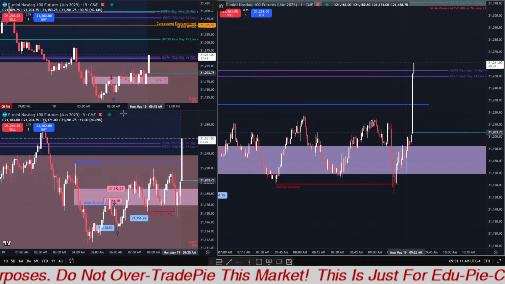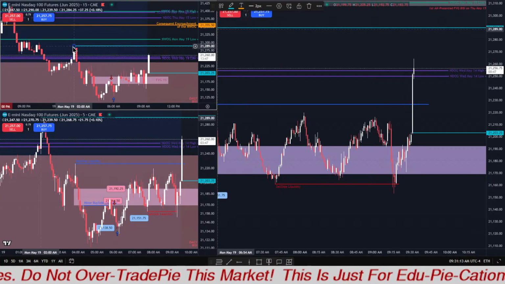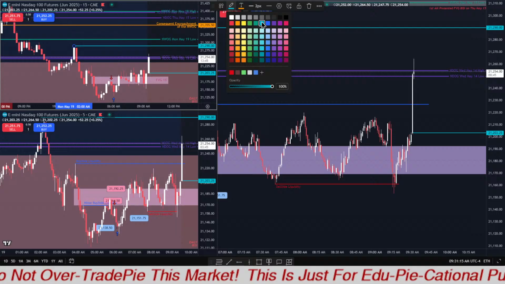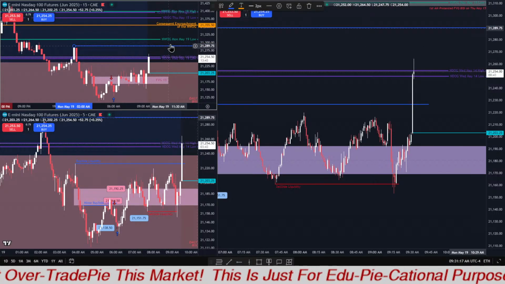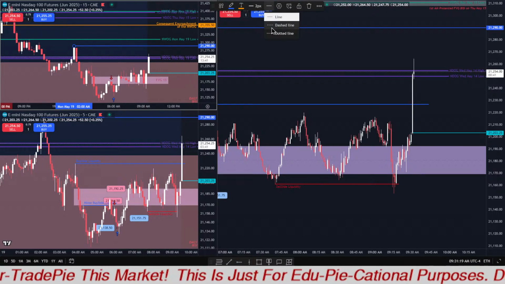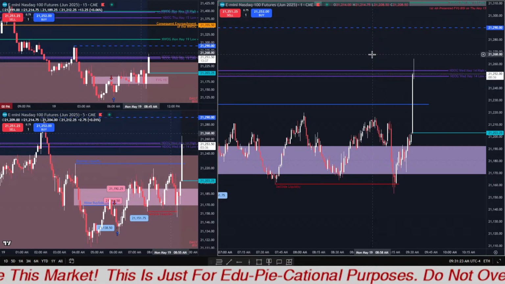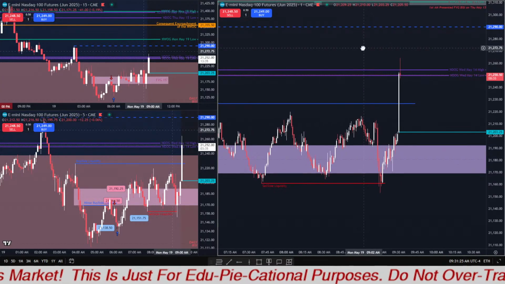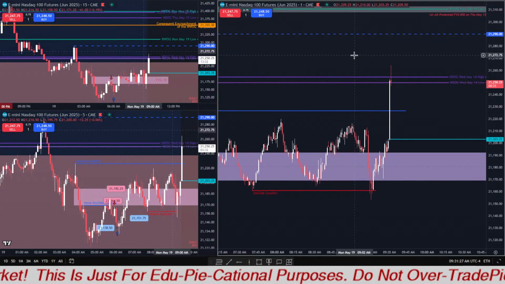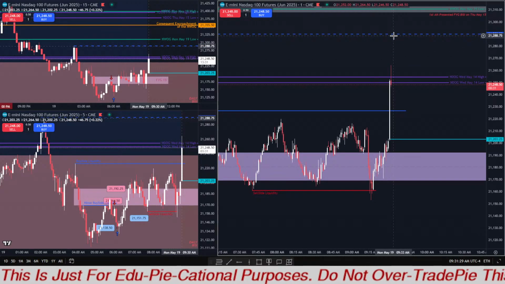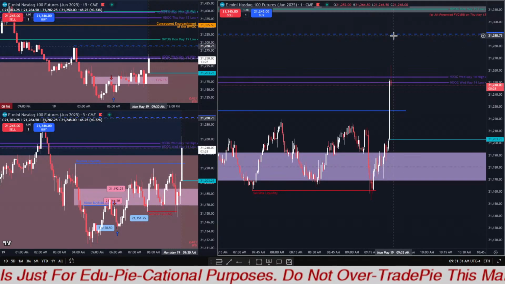I would like to also highlight this buy side liquidity of the market in London session, that is at 21,290, and this can be the draw on the market right now.